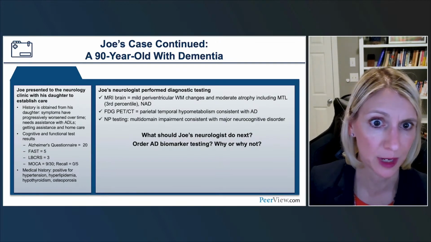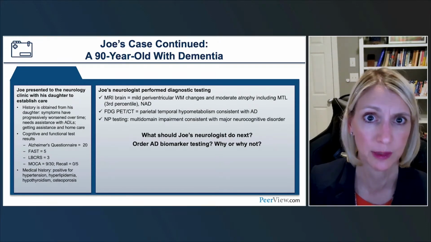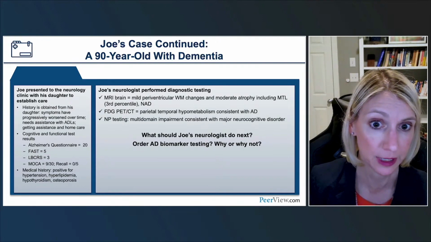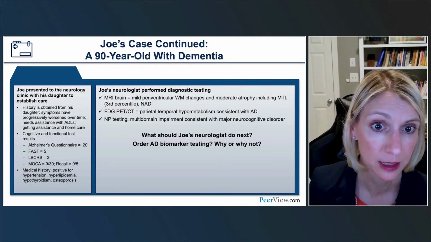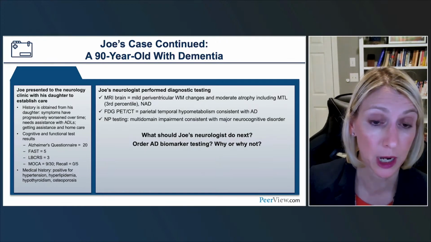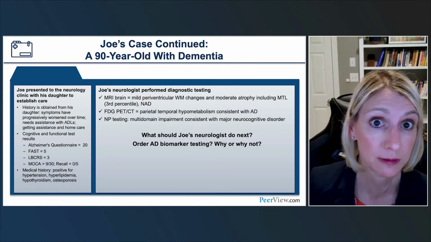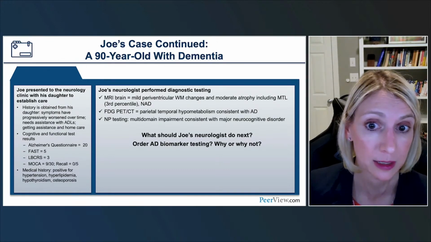In this case, as you mentioned, he is 90 years old, which is older than the age is typical for the monoclonal antibodies. And he also is probably moderate dementia, which is far more progressed than the effectiveness shown with the monoclonal antibodies as well.